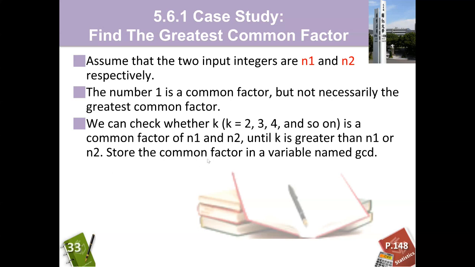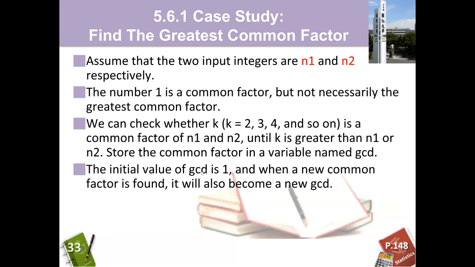And we store the common factor in the variable named GCD, greatest common divisor, or sometimes greatest common factor, right? So the initial value of GCD is 1 because 1 is a common factor. Then we will try, until a new common factor is found, then we will replace the value of the variable GCD, so it becomes the new GCD.